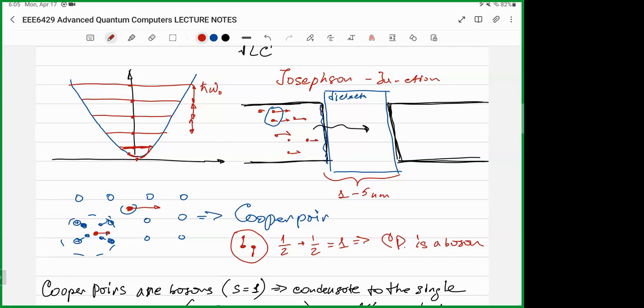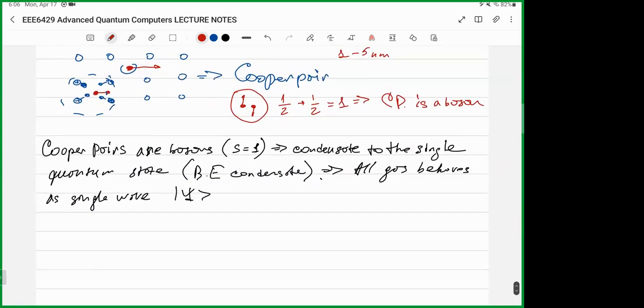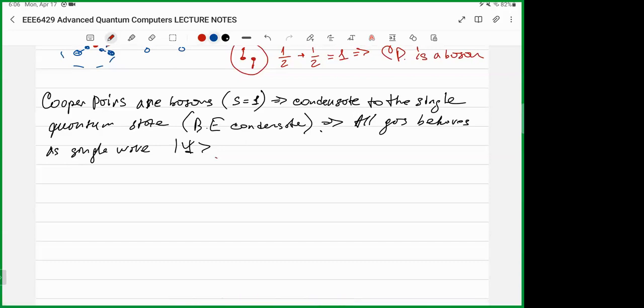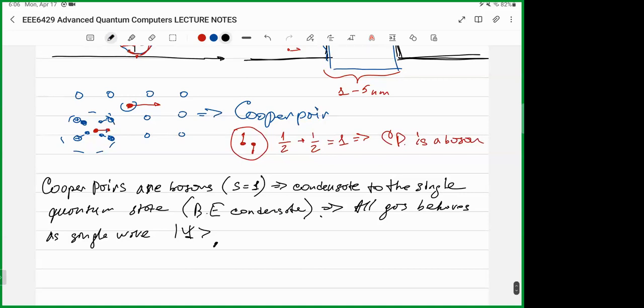But without this condensation, this dielectric doesn't allow current to go through. But in this quantum state of Bose condensation of the Cooper pairs, they form a quantum wave. All the particles in the system form this quantum wave, and this quantum wave can tunnel through this barrier. So this is an illustrative picture of how you can describe this Josephson effect.